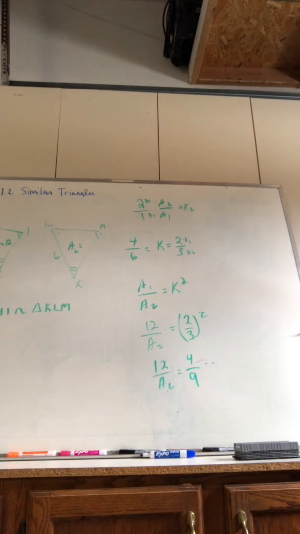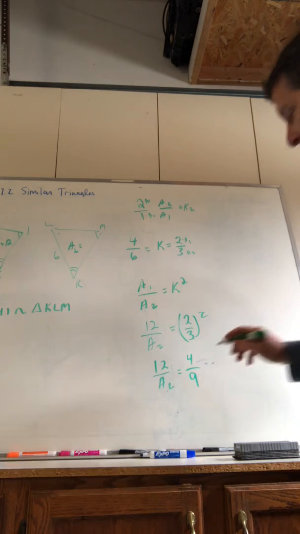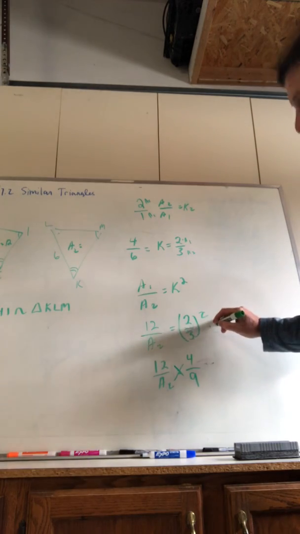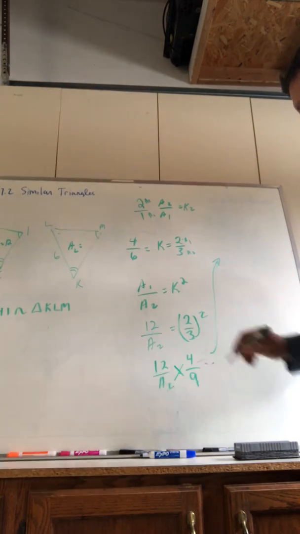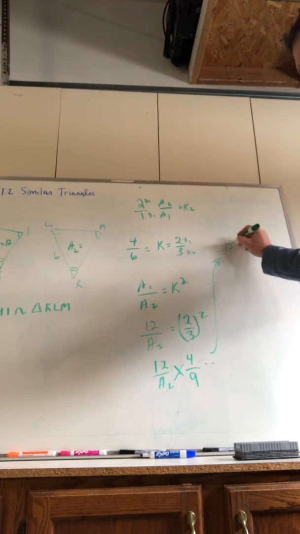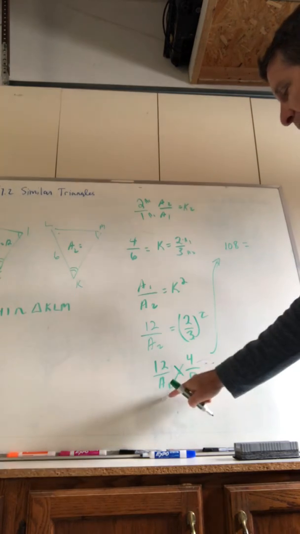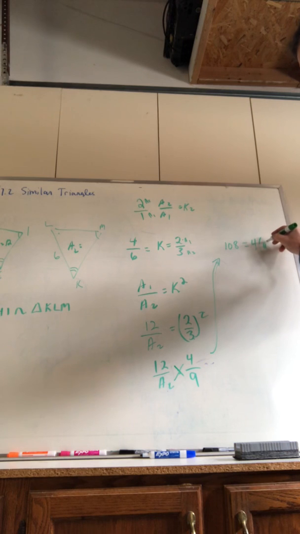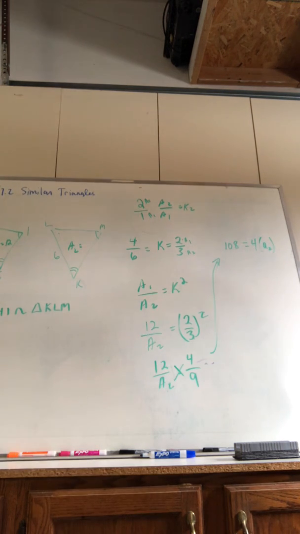All right, I'm running out a little bit of room here. At this point, we can cross multiply, and I'm going to bring this up here just for space's sake. 12 times 9 is 108, and the second area times 4 is 4 times A2.